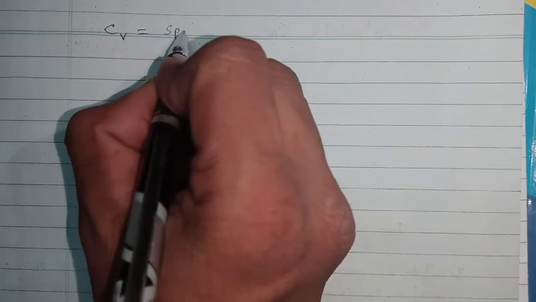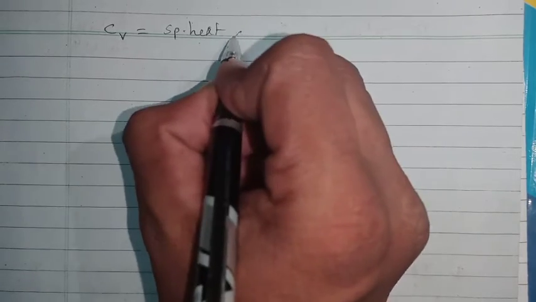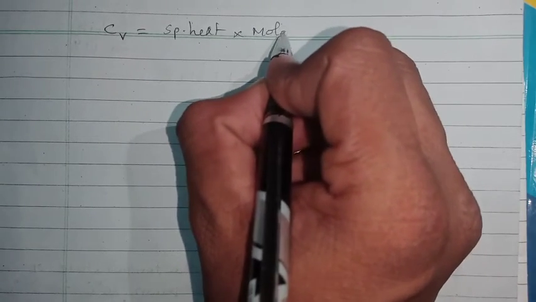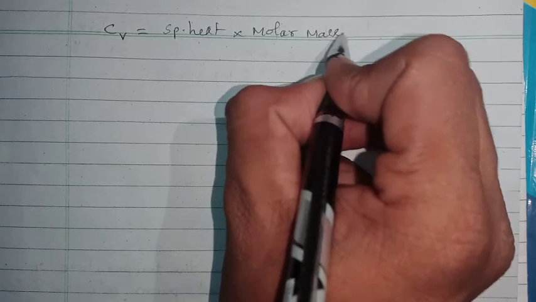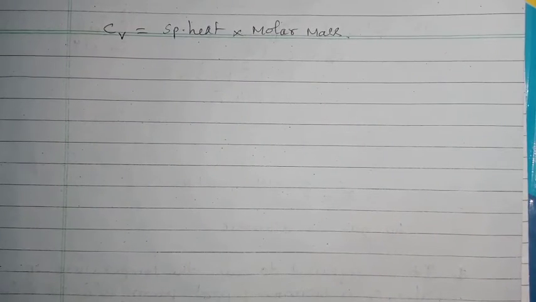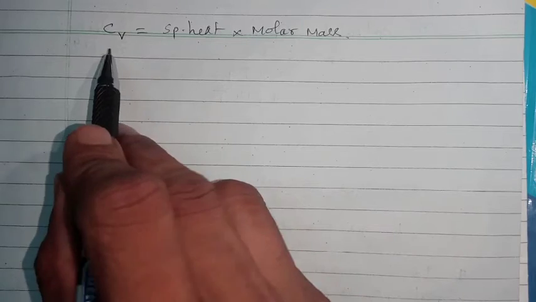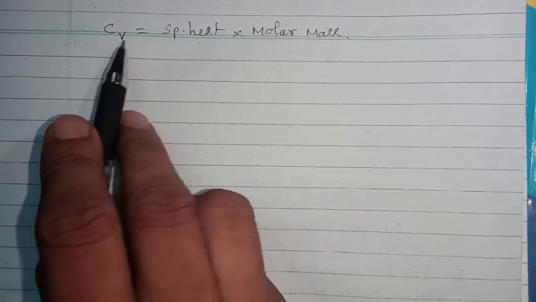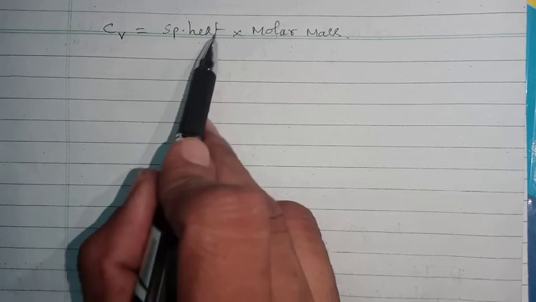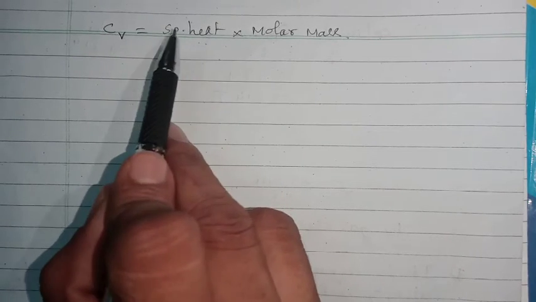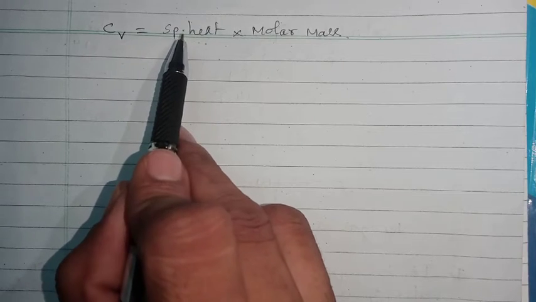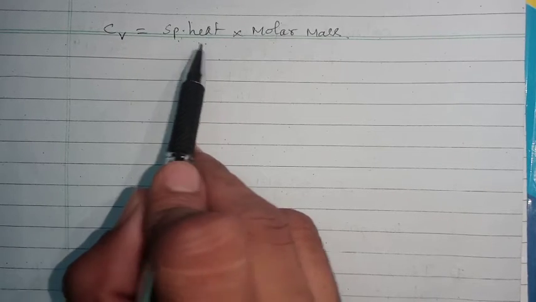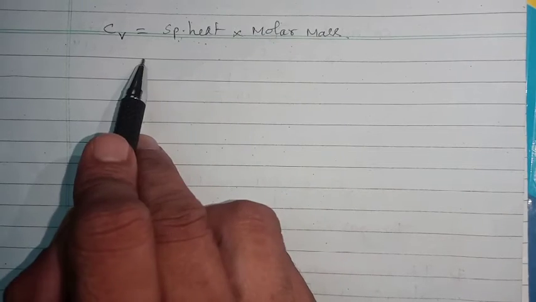To calculate CV, we have to multiply specific heat into molar mass, that is at constant volume. This is the specific heat of the gas. It means this much heat energy is required to raise 1 gram of a substance by 1 degree Celsius.